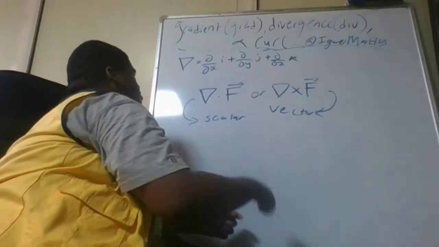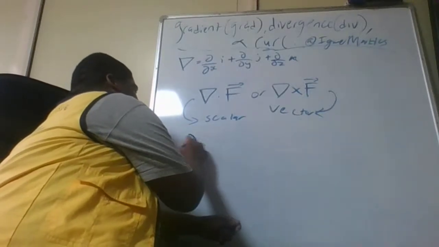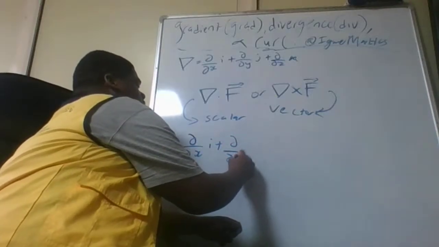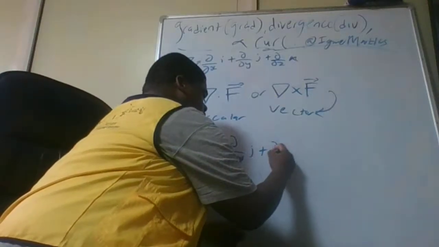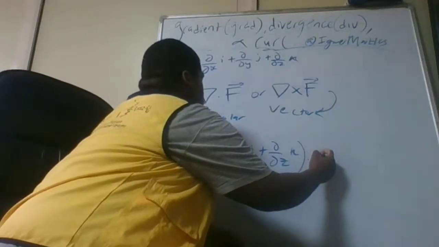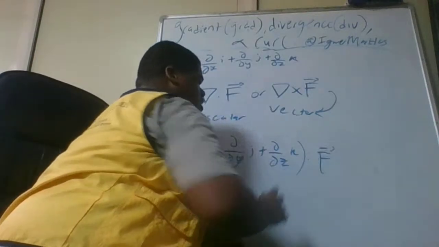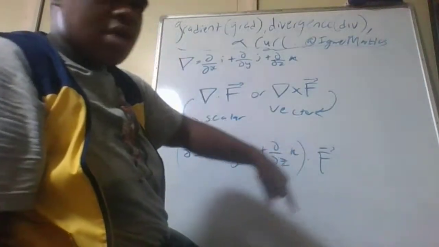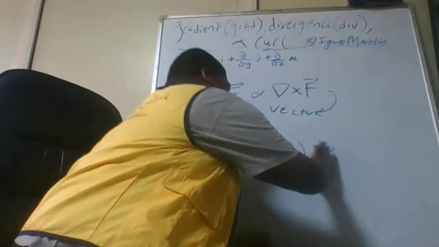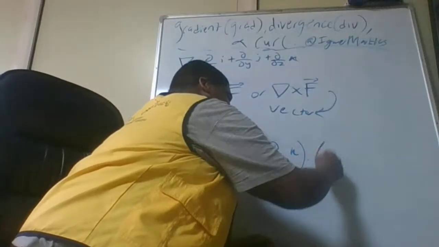So Nabla is the same Nabla: partial x i plus partial y j plus partial z k, dotted with f. This f here, you can break it down again into its components. So let's break f down into its components.